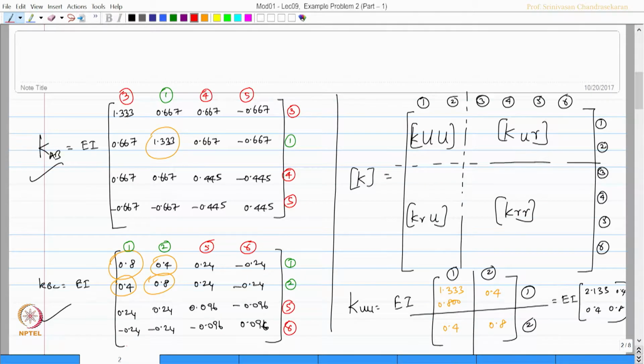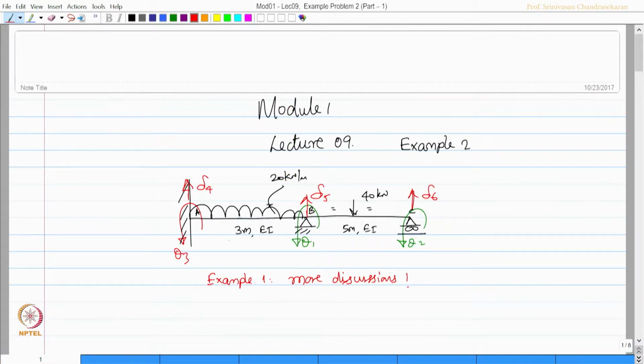Keeping the fixed beam as a basic module, span AB will have degrees of freedom labels theta 3, theta 1, delta 4 and delta 5, taking A as the jth end and B as the kth end.